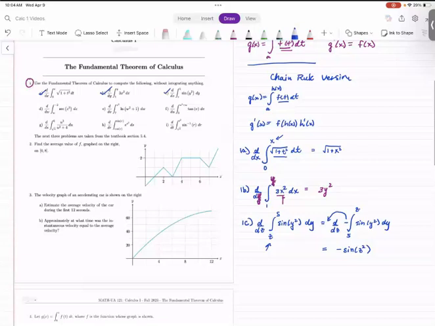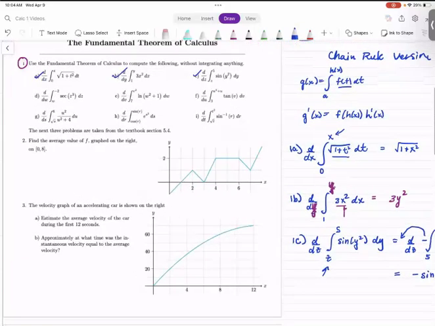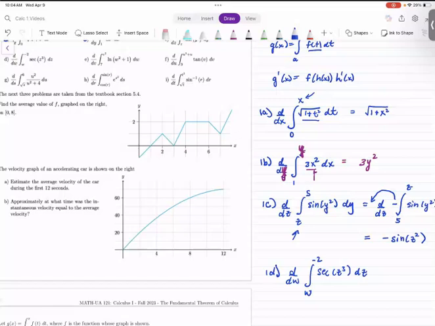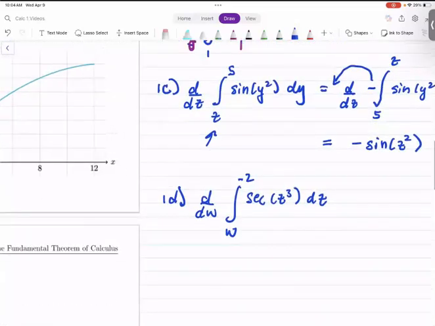We're going to have to do the same kind of thing here in part D. So 1D is d/dw. See how we're just throwing around different variables? d/dw of the integral from w up to negative 2 of secant of z cubed dz. Just do a really quick check. This variable matches the one on the bounds, and the one inside is different.